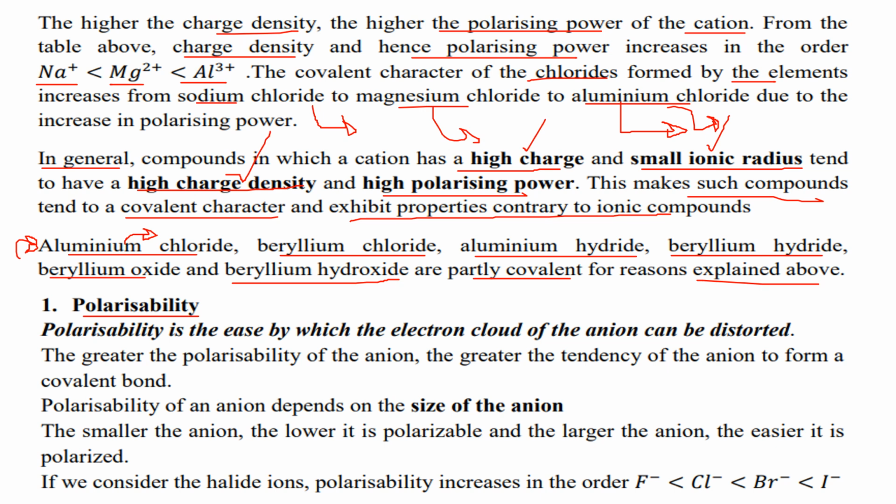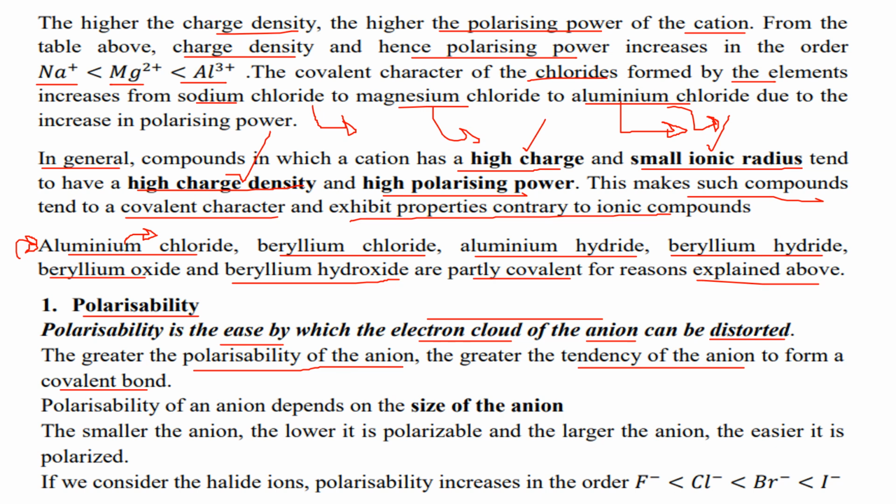So we are going to start with the definition: polarizability is the ease by which the electron cloud present on the anion can be distorted. The ease by which the electron cloud of the anion can be distorted is termed the polarizability. And the greater the polarizability of the anion, the greater the tendency of the anion to form a covalent compound.